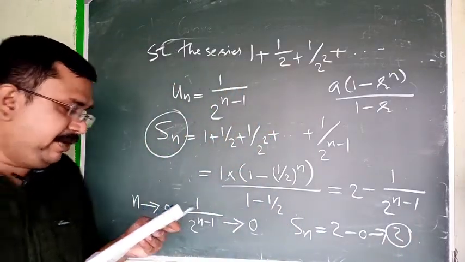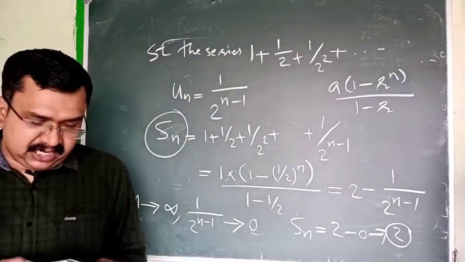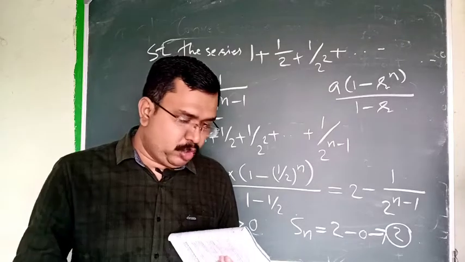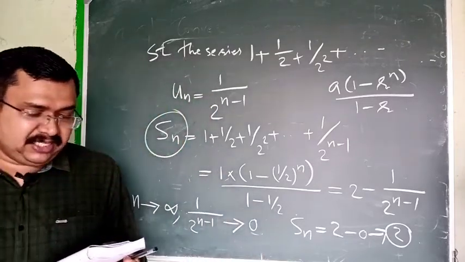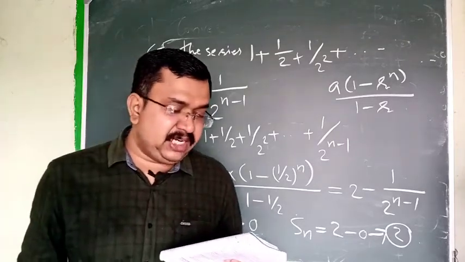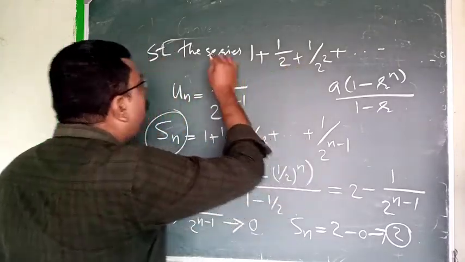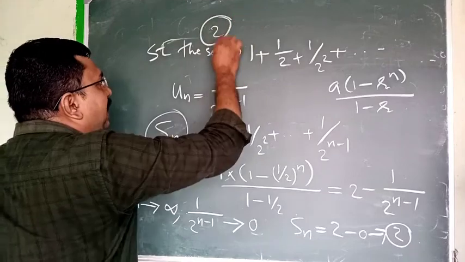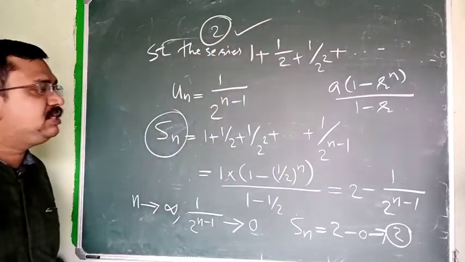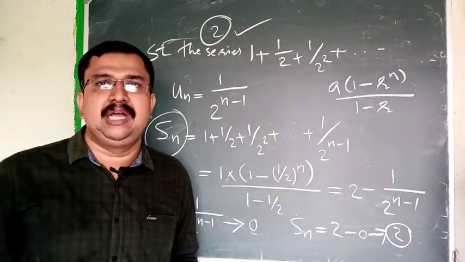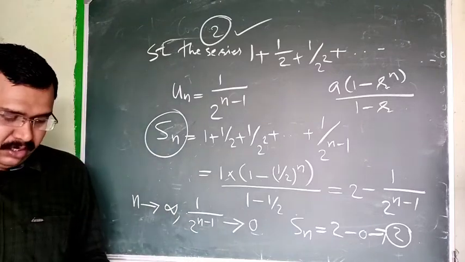Okay, that means the sequence of partial sums converges to 2, and hence the given series is also convergent, and the sum of this series is equal to 2. Final answer is 2. This is a convergent series.